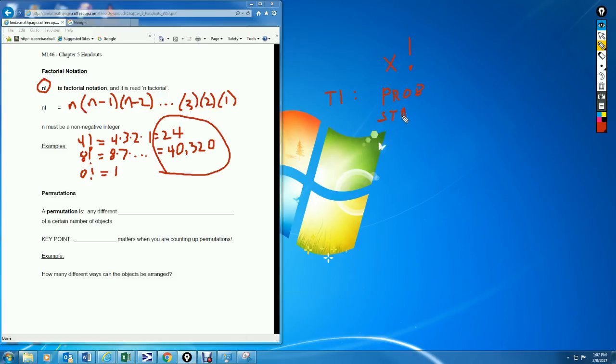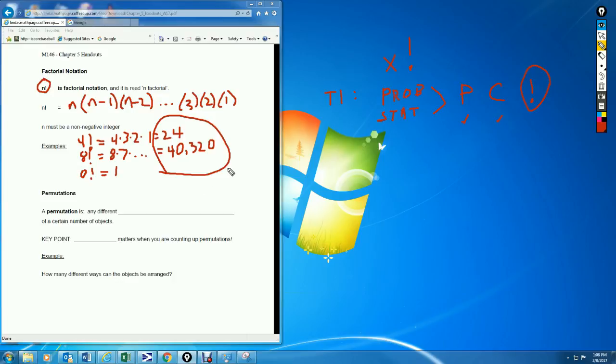If you hit one of those buttons, it should take you to a screen that gives you 3 options. One of them will be with a P, one with a C, and one with an exclamation point. So this would be permutations, combinations, and this is what we're talking about right now, factorial.